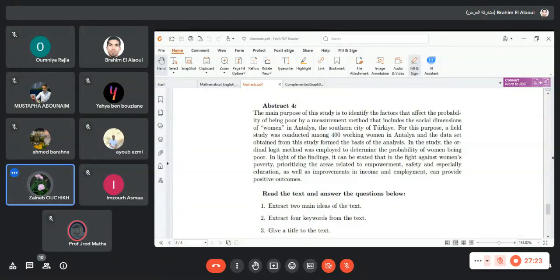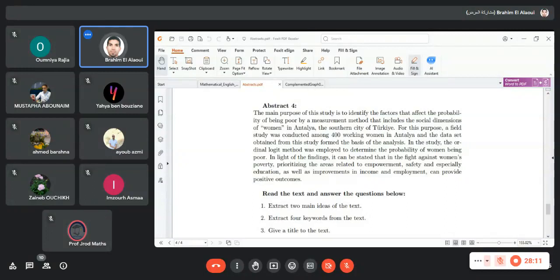The third one is poverty, or we can say women poverty factors. For the title: Women Poverty Factors, a study based on ordinal logit methods.